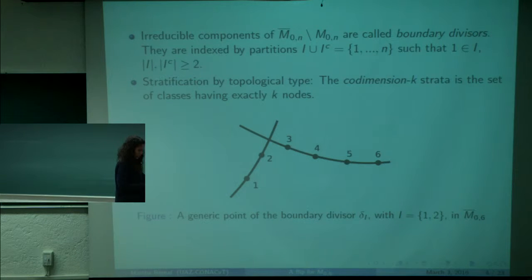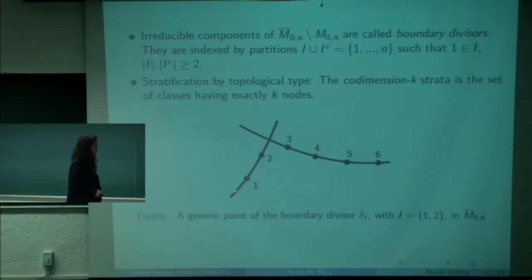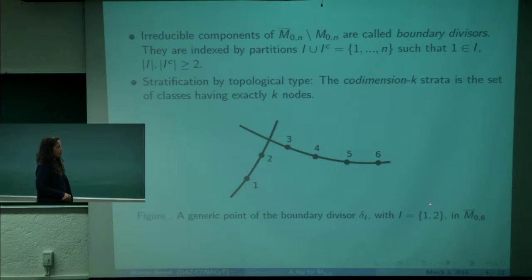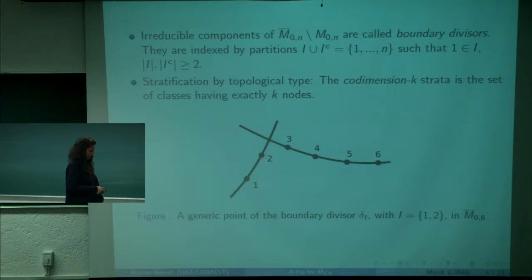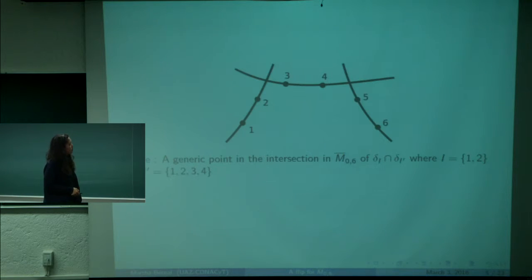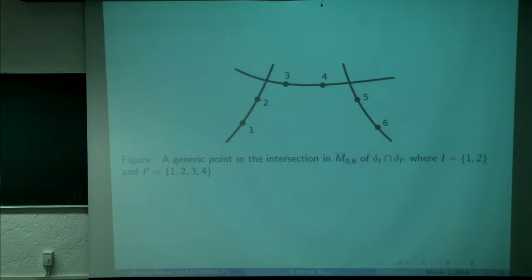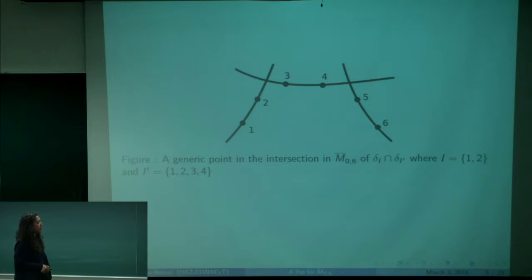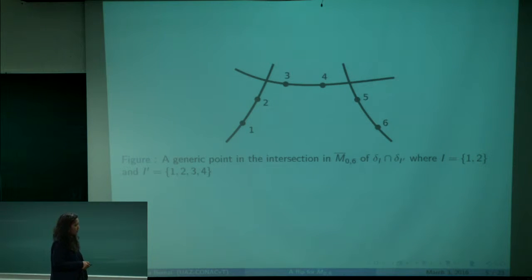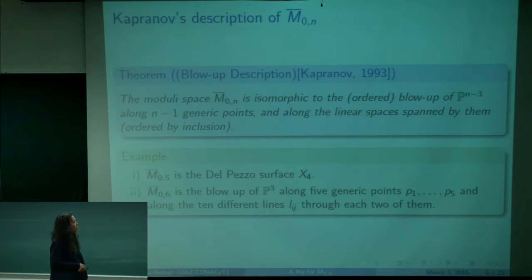So this is how it looks at a generic point in the divisor delta I with I equals 1, 2 in M0,6 bar. This stratum forms a curve in the boundary of M0,6 bar as well. So it has 2 nodes and the points distributed in each of the components.